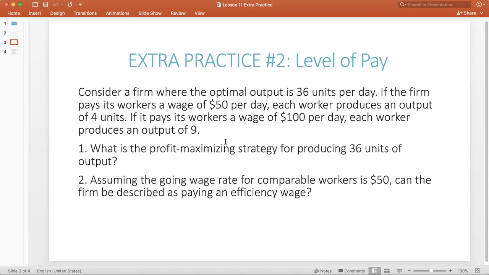So then in determining how many workers to hire, if the output is 36 units per day and each worker can produce 9 units, it's just simple division: 36 units divided by 9 units per worker.